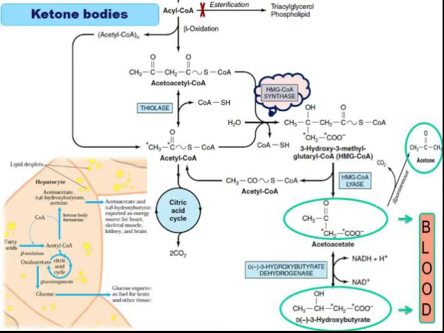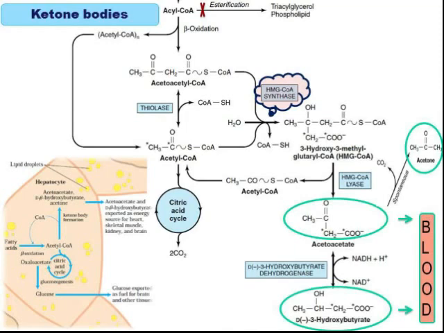So thiolase, or acetyl-CoA acetyltransferase, present in hepatic mitochondria catalyzes the condensation of two molecules of acetyl-CoA to acetoacetyl-CoA. Acetoacetyl-CoA is also produced in beta oxidation during the penultimate cycle.